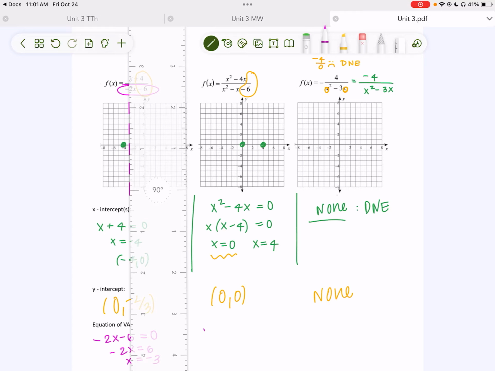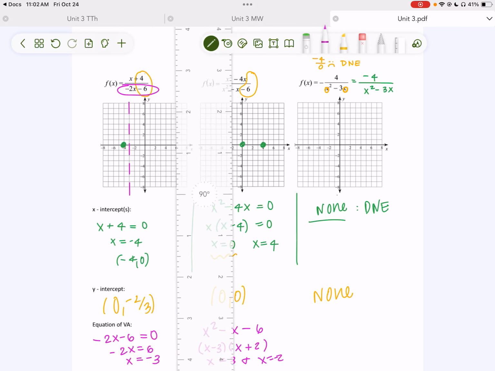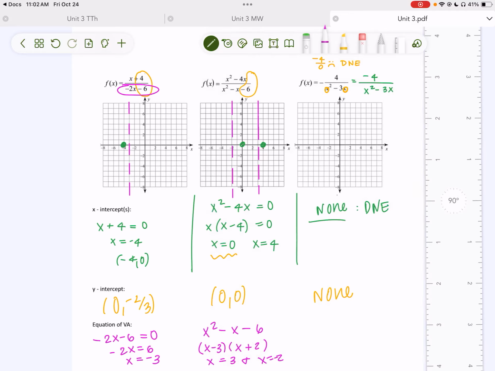The next one is going to be factored. So if we want to multiply to 6 and add to 1, that'll be -3 plus 2. So 3 and -2. So we'll do that. Based on my points, I feel pretty good about that.